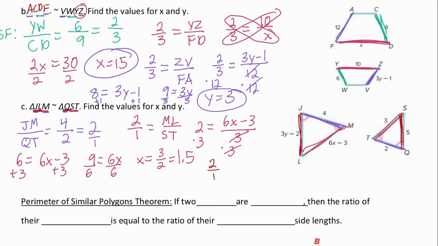So 2 over 1 is going to be equal to JL over SQ. Again, I'm running out of room a little, but I see that my ratio is 2, and that's going to be equal to JL, which is 3y minus 2, over SQ, which is 5.